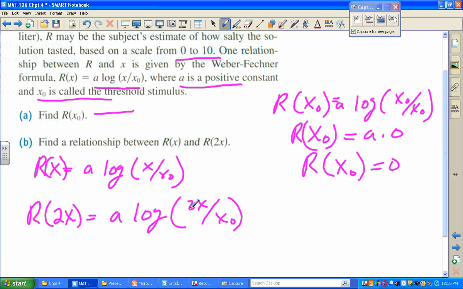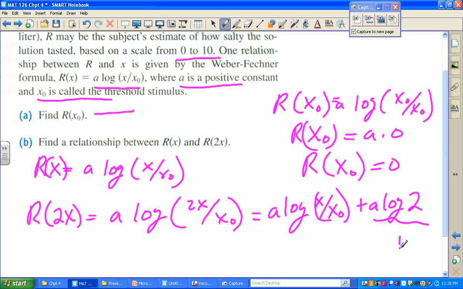I can take the 2 and that would be written as A log, if I use the log laws. It'd be the vertical shift, so everything would be raised that many units. So if it's doubled, you're actually adding to shift everything up. That's how they're related. Does that make sense?